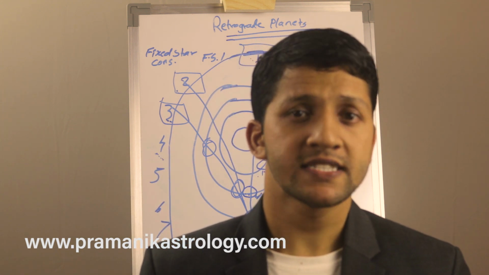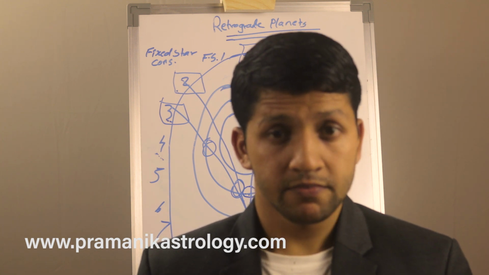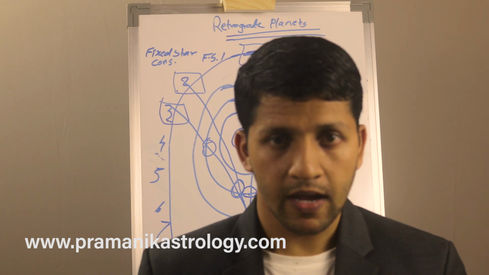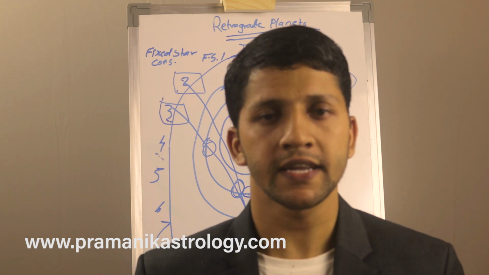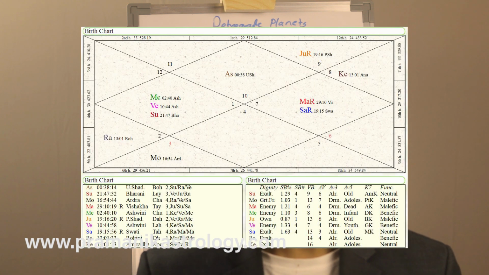Okay, and when I say karmic, the area of the karma depend upon the lordship and the placement of the Vakri planet in your horoscope. What do I mean by that? Suppose you have a planet placed in the 9th house or a 10th house in your horoscope, which is Vakri. Let's say you have Saturn, which is Vakri in your horoscope in the 10th house.